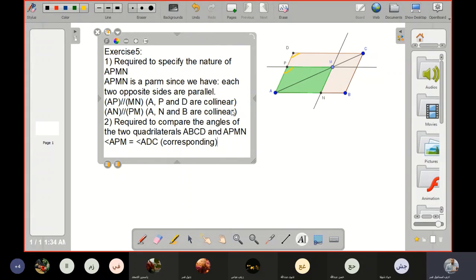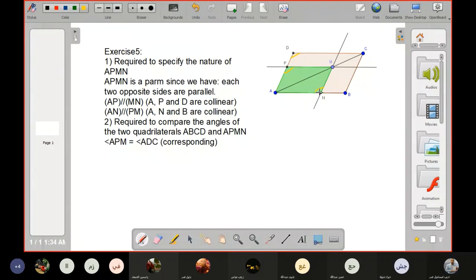Okay, again. What did you say about angle ANM and ABC? It's the same reason. It's just corresponding angles.